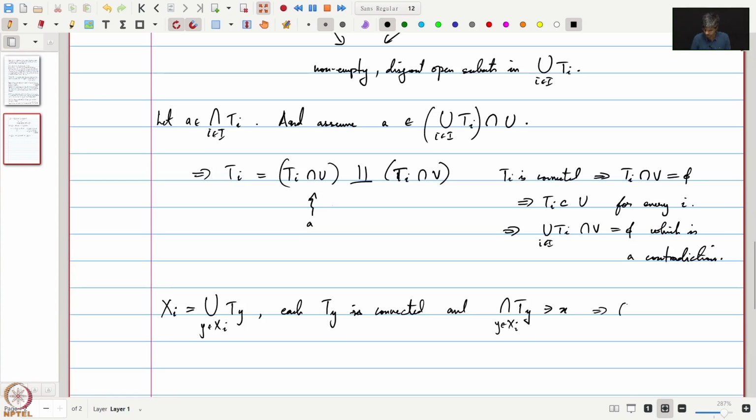So this implies that the intersection is not empty, because all the T sub y's contain x, right? So this implies that Xi is connected. So this proves 2.